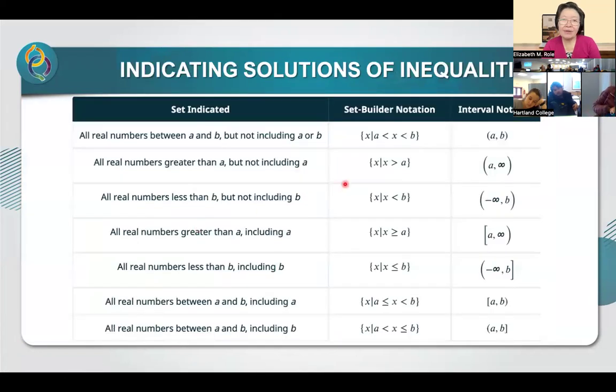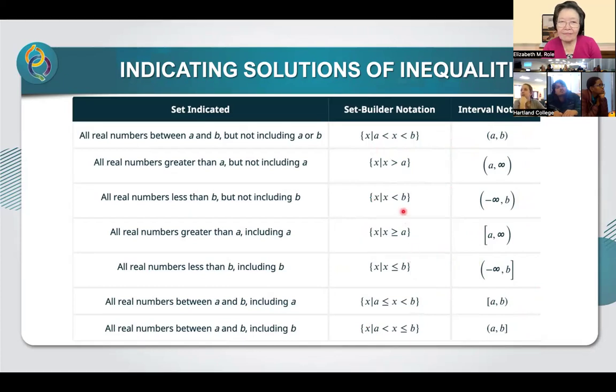Okay. And we can also use set builder notation. So these are just some symbols. Set builder notation is when you say x, we say this as x less than b, greater than a. But in our situation, I would always want to use the interval notation. It's easier than the set builder notation.